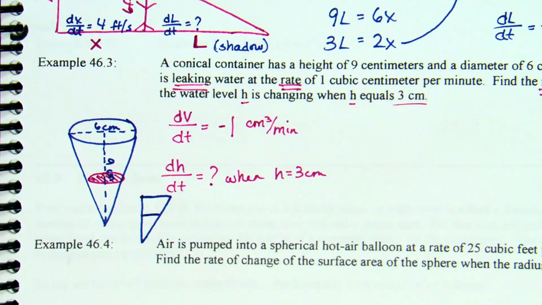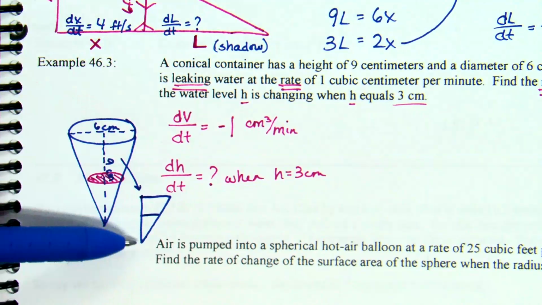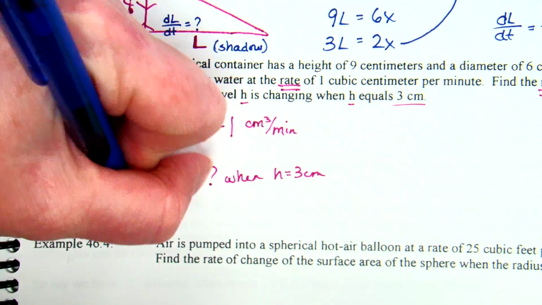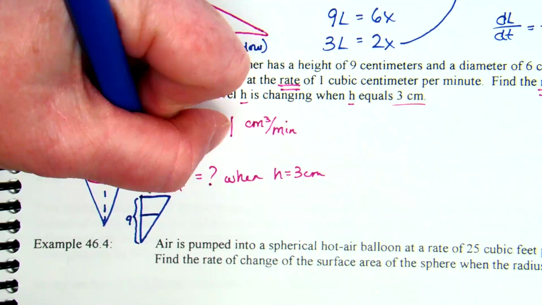If we think about a triangle within a triangle, what is the height of the big triangle here? 9. And what is this across the top of the big triangle? 3, because it's the radius. Good.